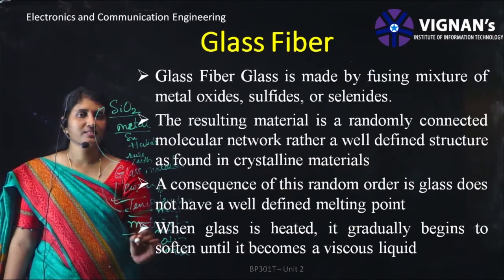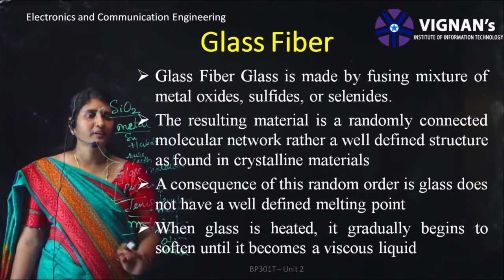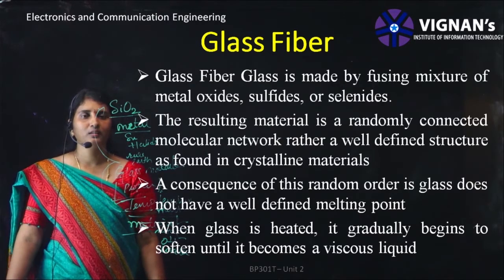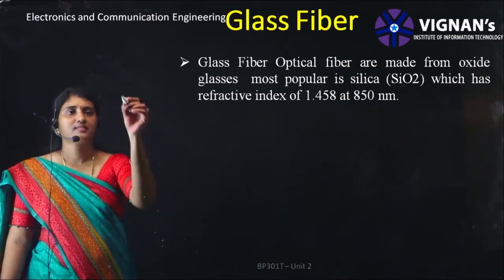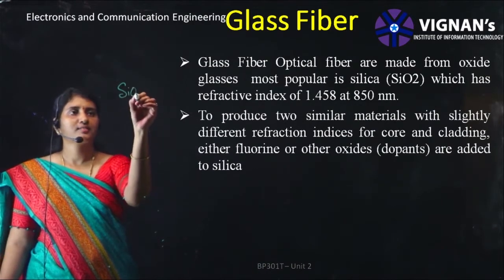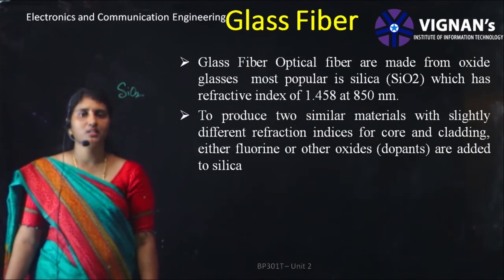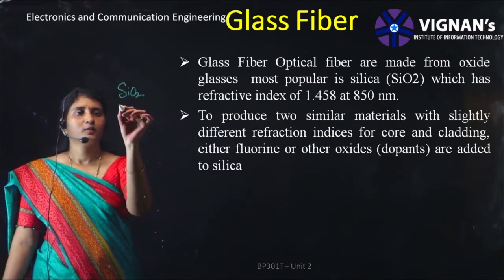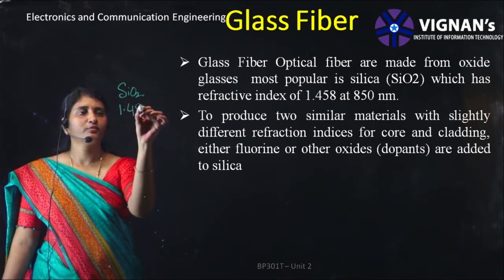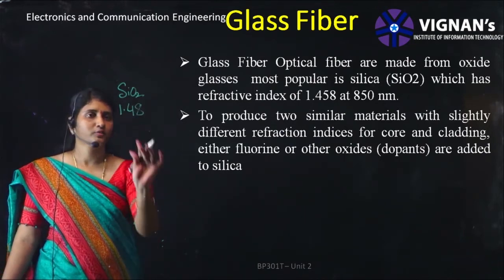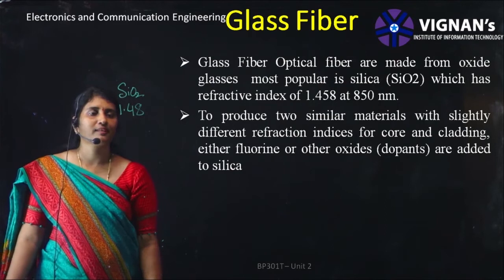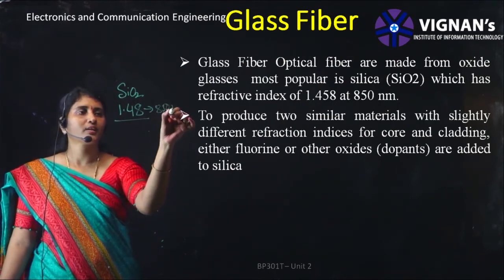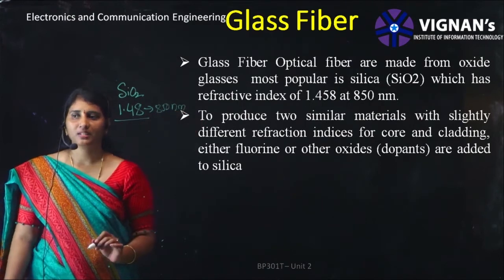So these are the basic things we have to keep in mind while forming a glass material for the preparation of the optical fiber. As I have already told you, SiO2 is the main raw material that is used for preparation of glass. The refractive index of optical fibers is around 1.48, and they generally operate at 850 nanometers.